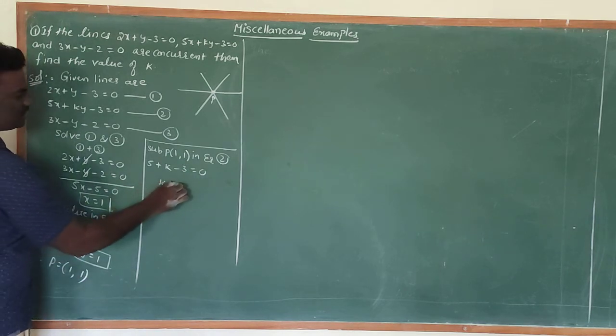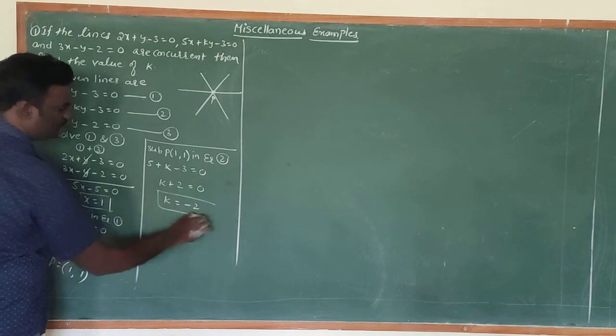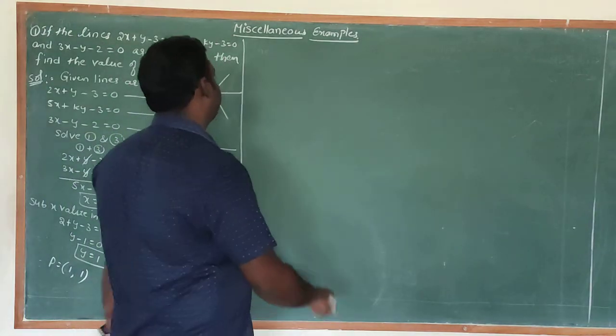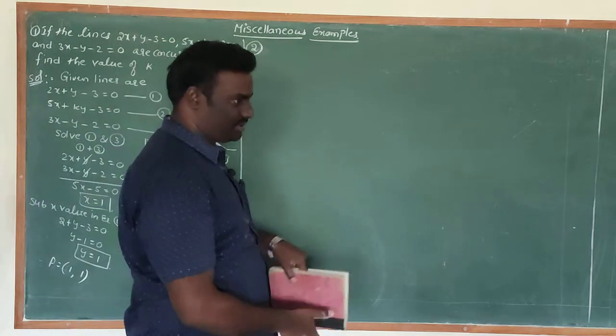Now k plus 2 equals 0. Now k equals minus 2. So this is the answer. Next, second question.